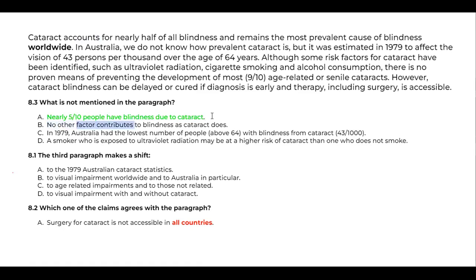No other factor contributes to blindness as cataract does. Oh, that may be a bit complicated one. But look at this one. And remains the most prevalent cause of blindness worldwide.